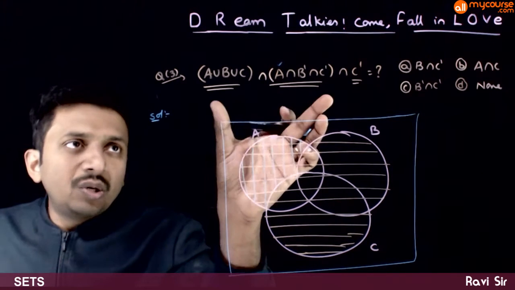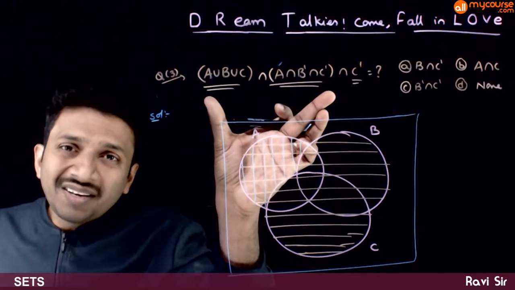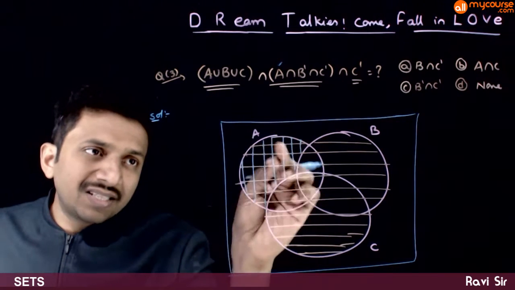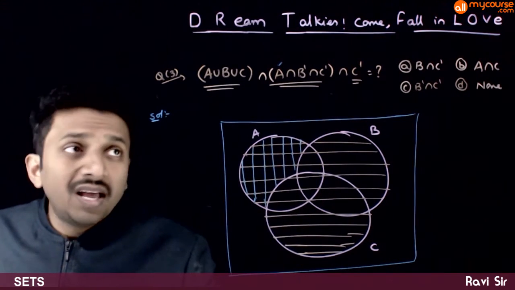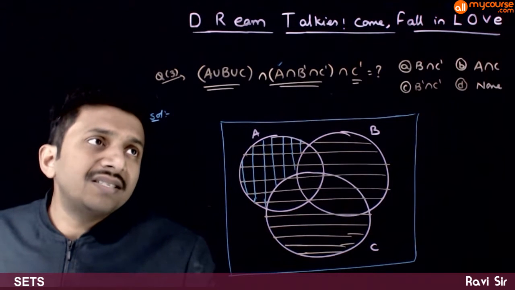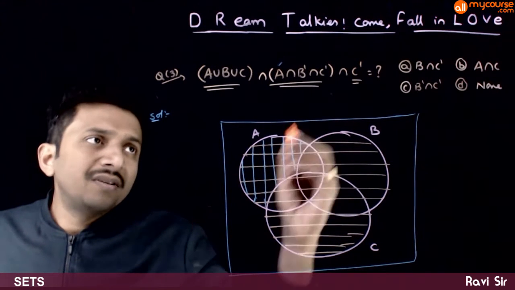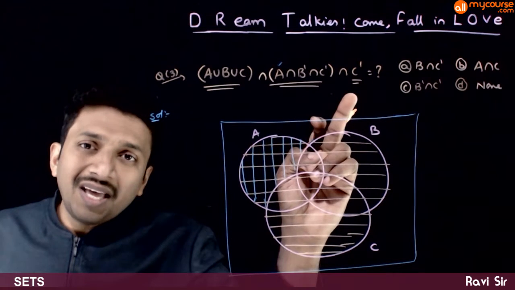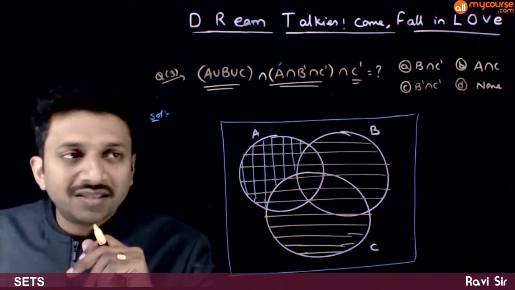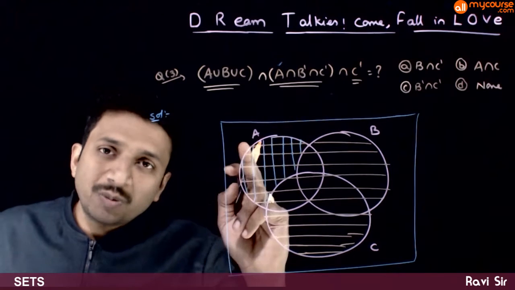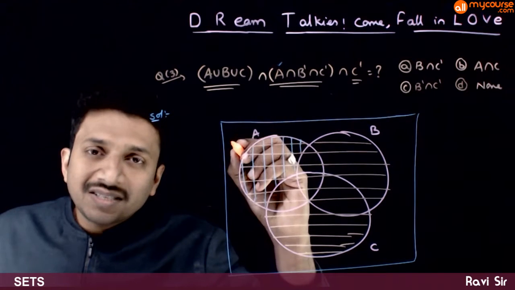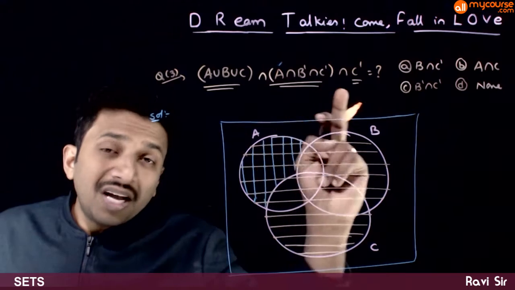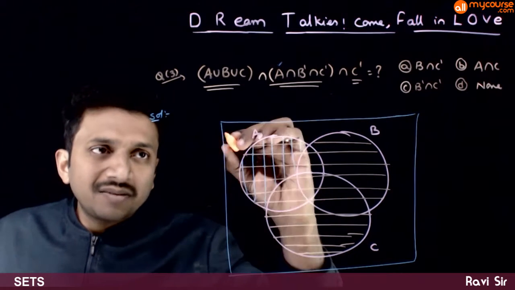So till these two sets, the intersection is this. And now the third set is C complement. The third set is C complement, is all the elements except those present in C. So let us shade this region using slant lines.